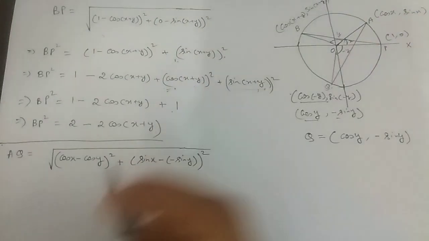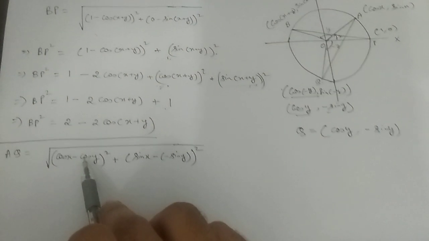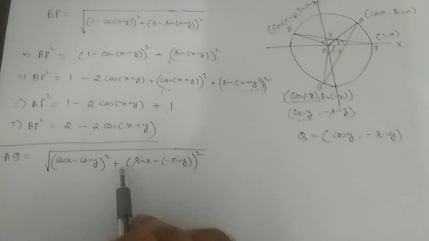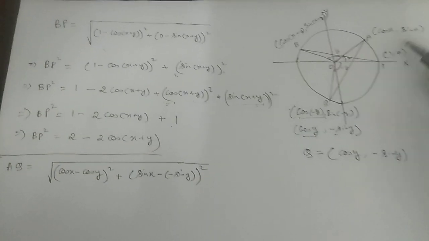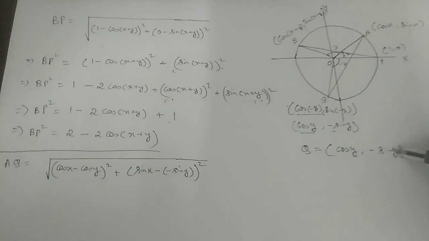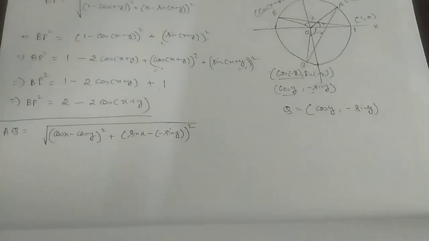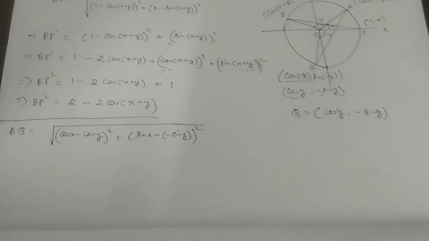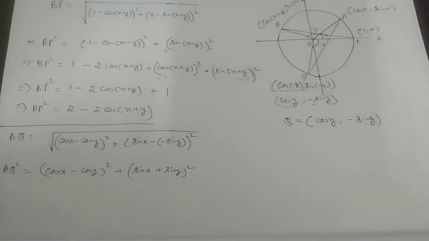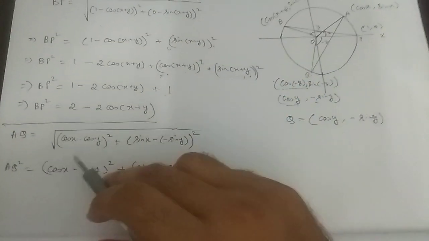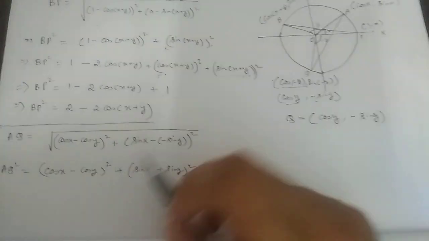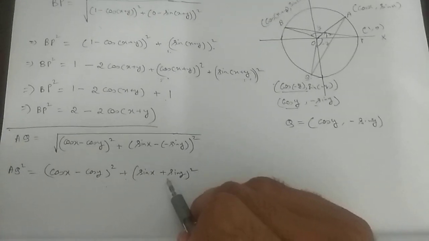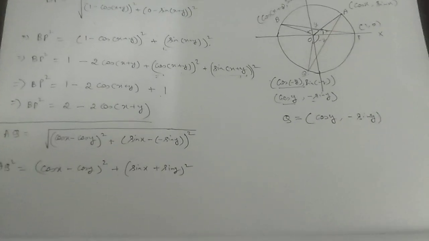By applying that formula, we are getting (cos x minus cos y) whole square plus (sin x minus sin y) whole square. Thus, expanding this, we get AQ square is equal to (cos x minus cos y) whole square plus sin x, this minus minus becomes plus, plus sin y whole square.